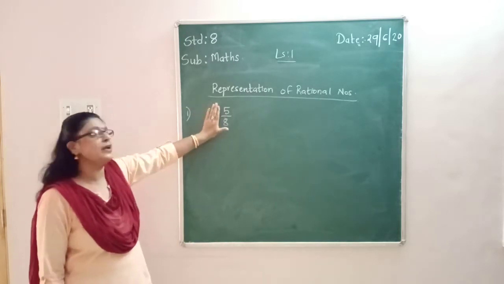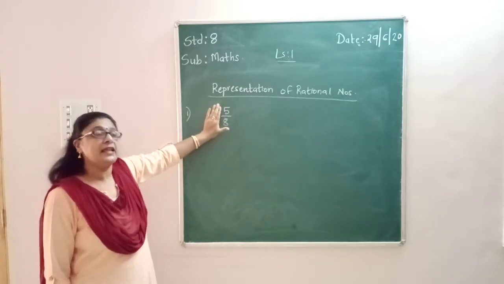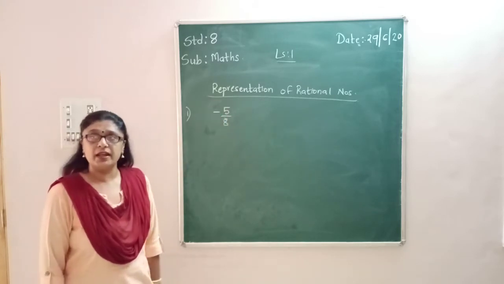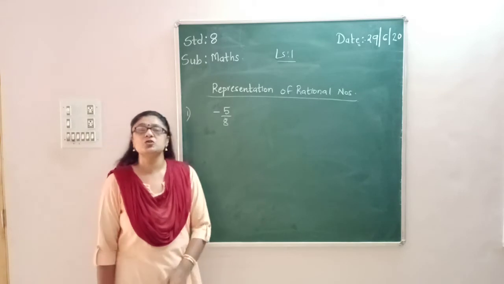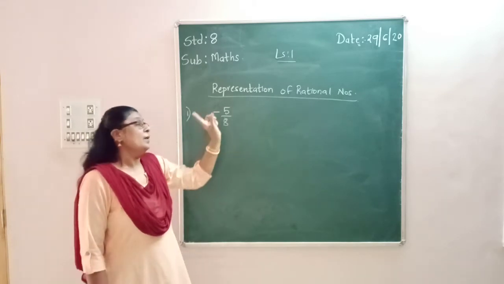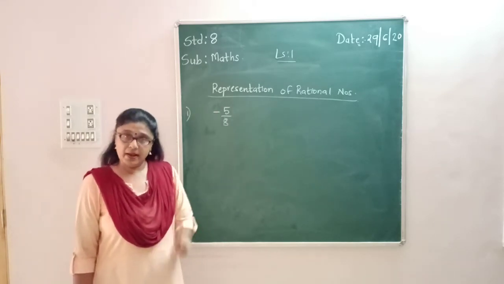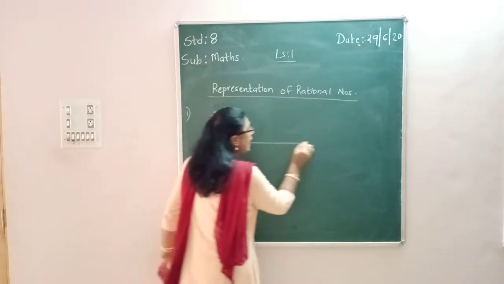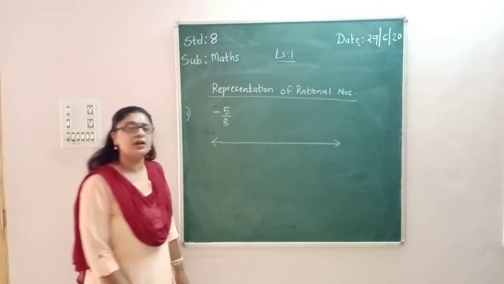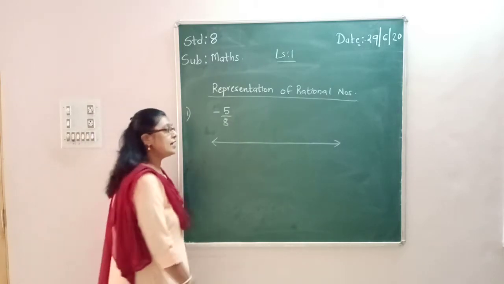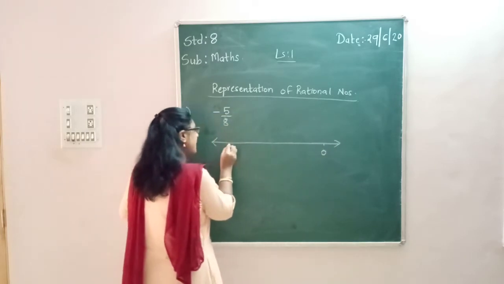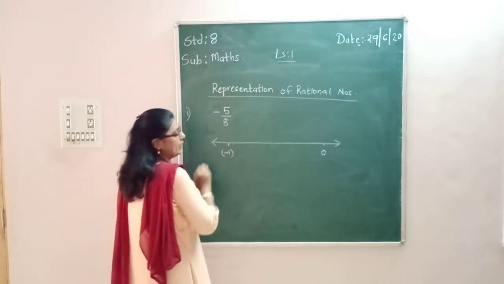If it would have been only 5 upon 8, then this number would lie between 0 and 1. But it is minus 5 upon 8. So this number lies between 0 and minus 1. Now children, just pay attention over here. When I am plotting any negative numbers, I have to write a 0 over here and minus 1 over here, this way.